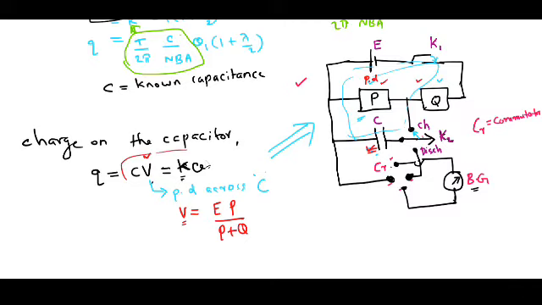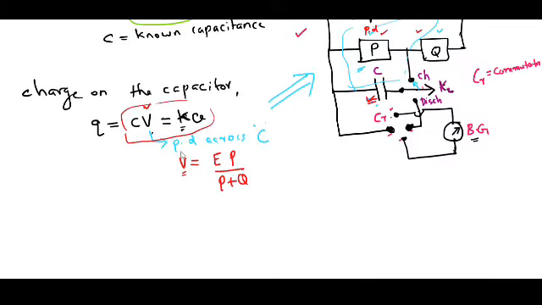From this expression, I can write K is equal to CV by theta. This CV divided by theta, we have the expression theta 1 into (1 plus lambda by 2).